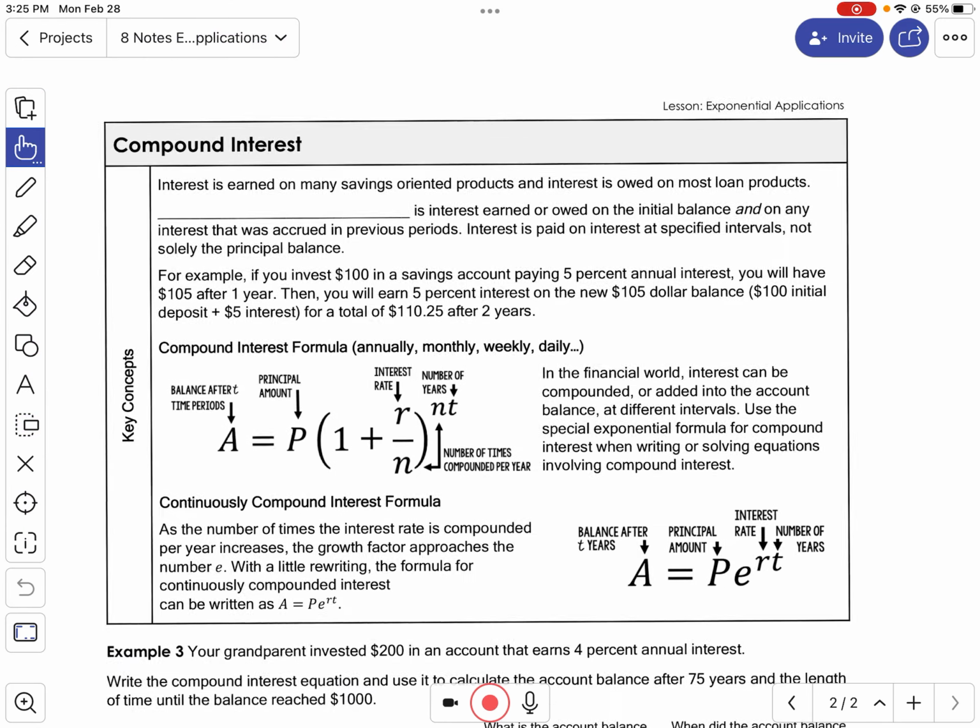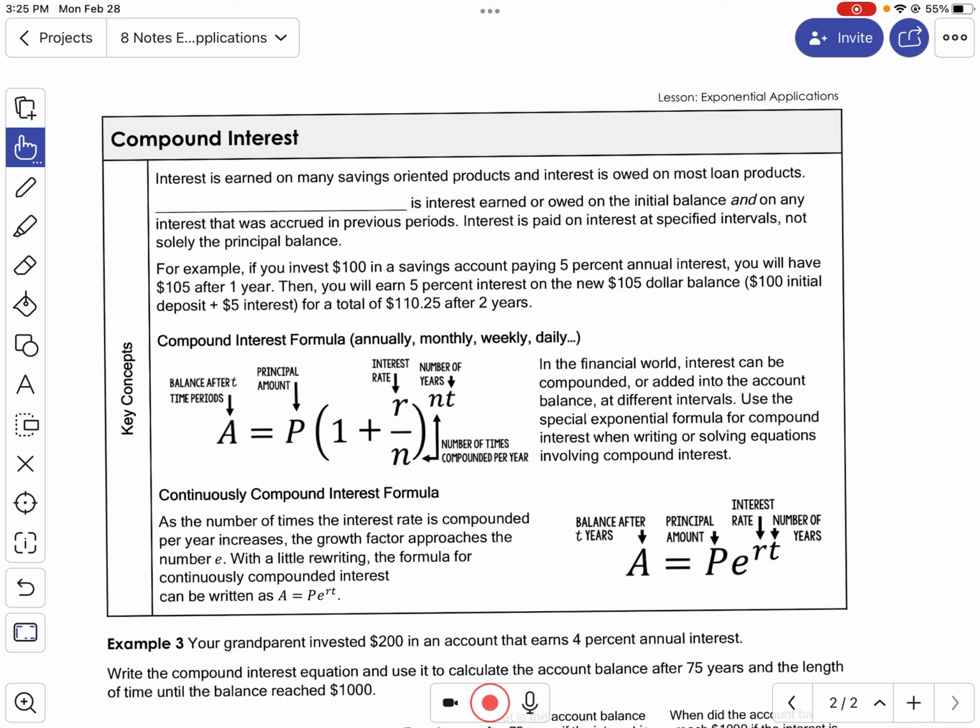Okay, on the back, we're going to be looking at compound interest. If you don't remember from going over this before, interest is earned on many savings-oriented products, and interest is owed on most loan products.